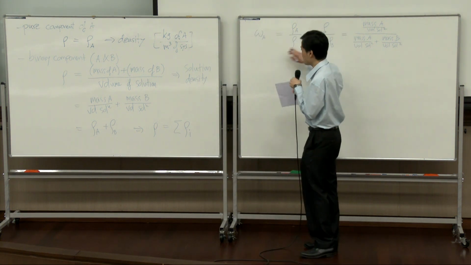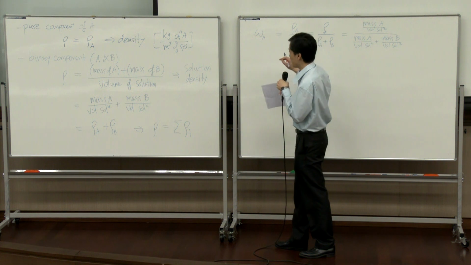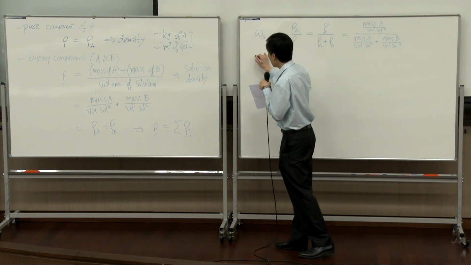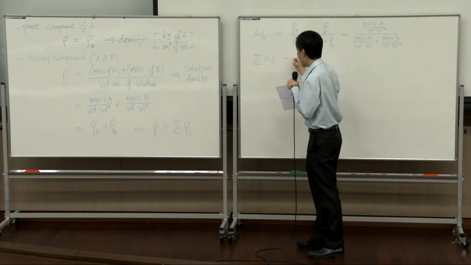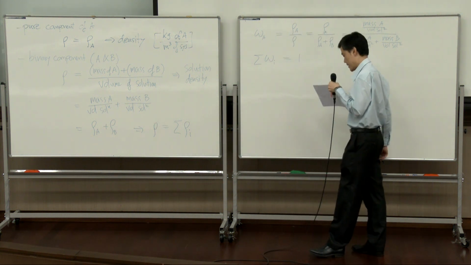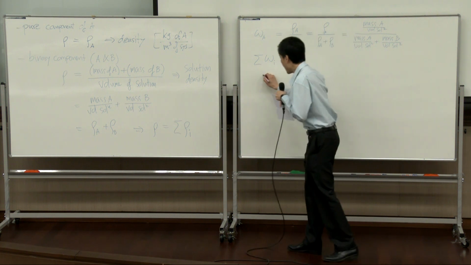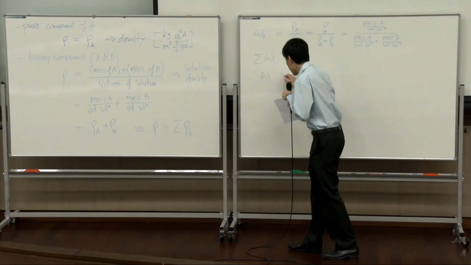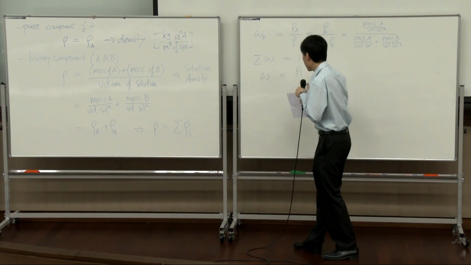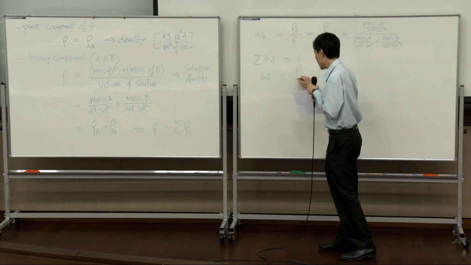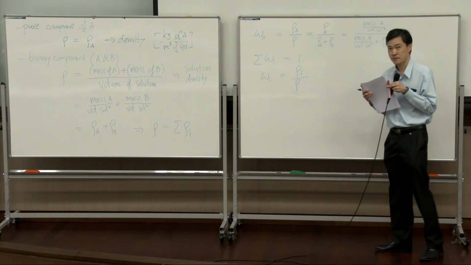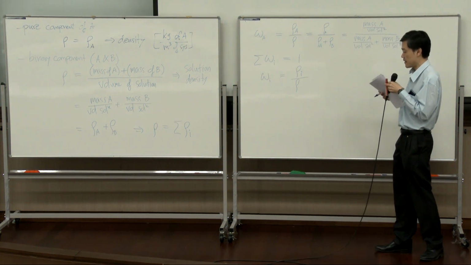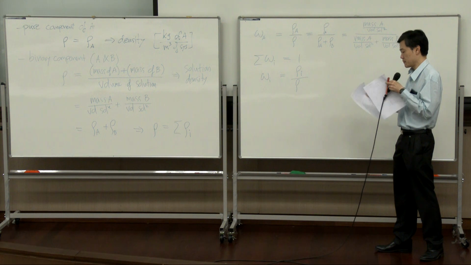And you have learned from a very long time ago that the summation of mass fractions would always be 1, right? And the mass fraction of any species would be defined by the mass concentration of that species divided by the total concentration. That's the definition that you need to know.